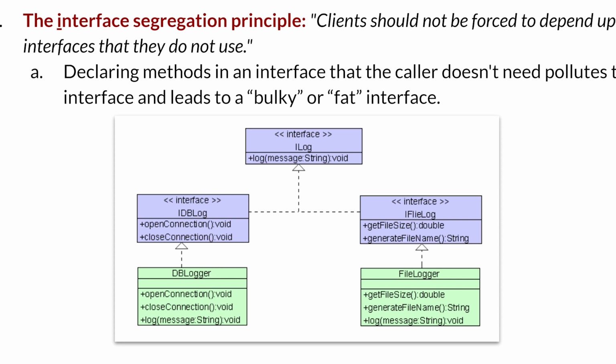So now what I could do is I could simply create a DB logger, and I could create a file logger. But then I need certain functionalities like open connection, close connection. I could add, for example, open connection to the ILog interface, but then the file logger, which would extend it, wouldn't need it. That's the problem. If I put the open connection and the close connection inside ILog, the file logger would be using a fat interface.